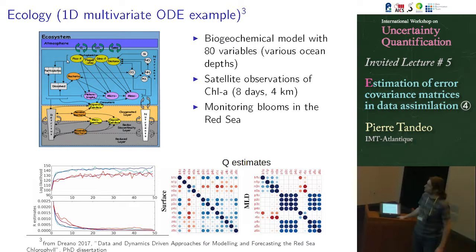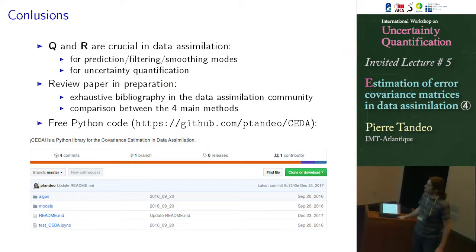Okay, so these are quite simple examples. I have also some examples in chaotic models. I don't show that, but you can find it on my GitHub page. The code is CEDA, for covariance estimation in data assimilation. If you want to play with Lorenz 63 and Lorenz 96, you can try to see the estimation of Q and R in these different chaotic models.